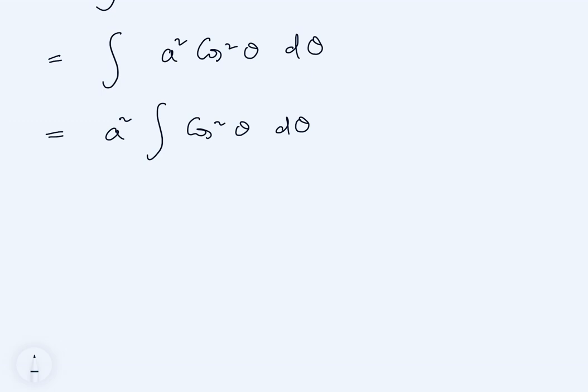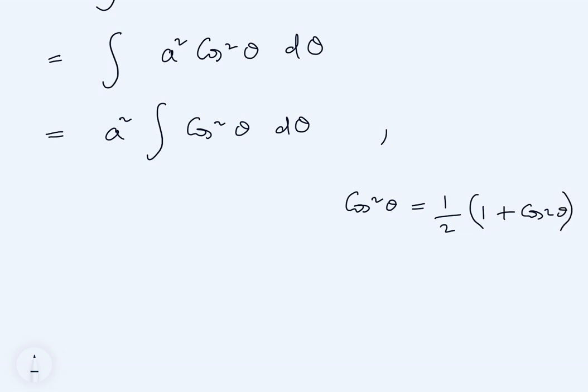If you look in the formula sheet, you will see that we can write cos squared theta in the following way. We can write cos squared theta as 1 over 2 multiplied by 1 plus cos 2 theta.